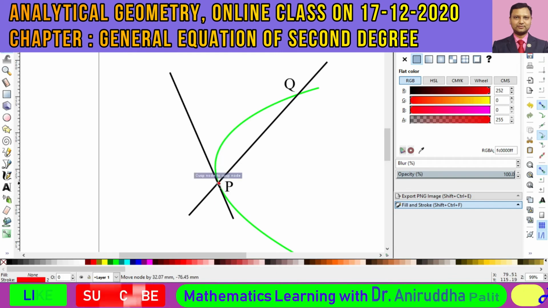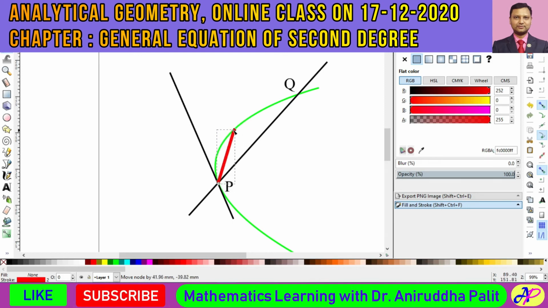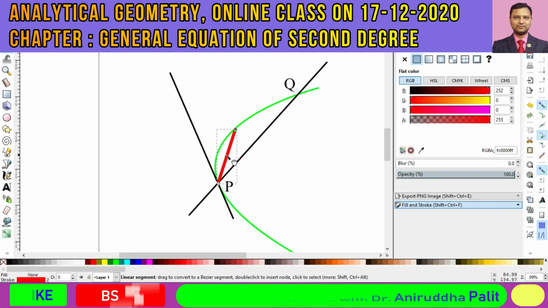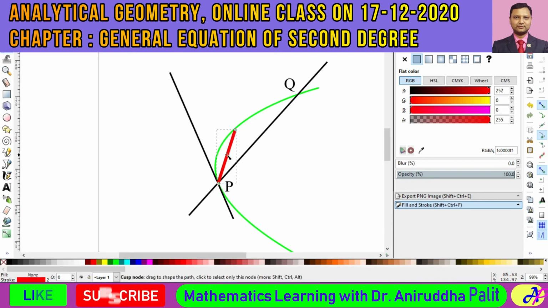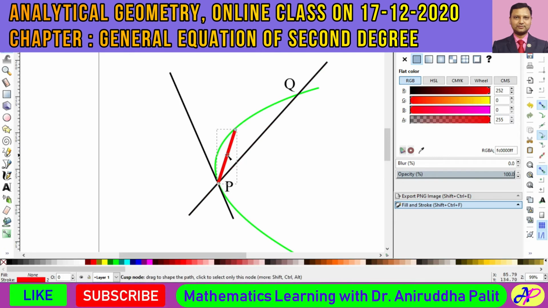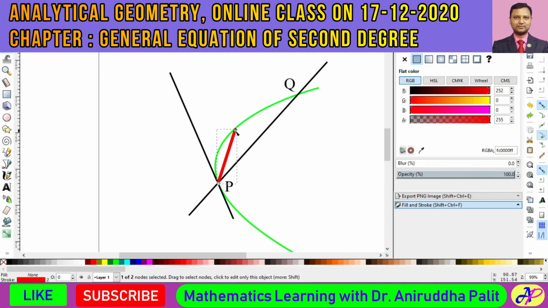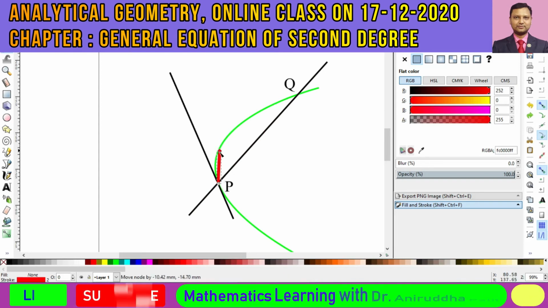The length of this line segment, the distance between P and Q, would ultimately become equal to 0, and therefore any intermediate point situated over here, that kind of distance would also be equal to 0. Got it? So R1 must be equal to 0 and R2 must be equal to 0 as the point Q moves towards the point P.